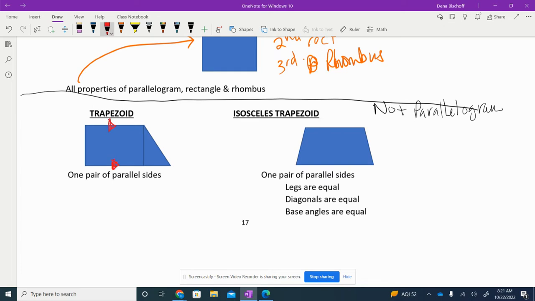To prove that you have a trapezoid, you just have to use slope and prove that you have one pair of parallel sides, and they're the opposite sides. If you have an isosceles trapezoid, you have to prove that you have one pair of opposite sides parallel.